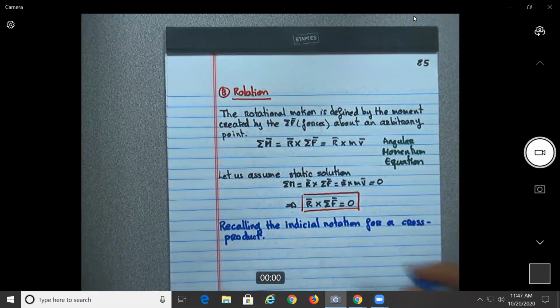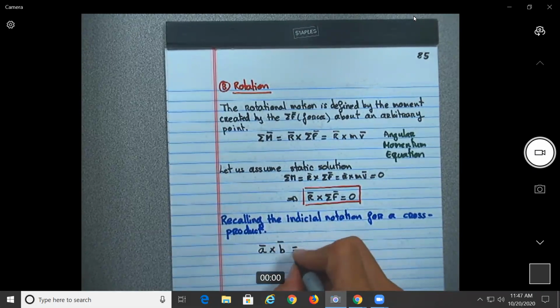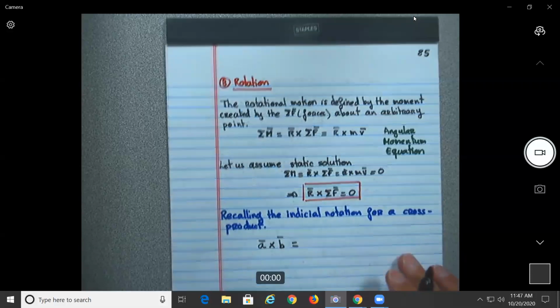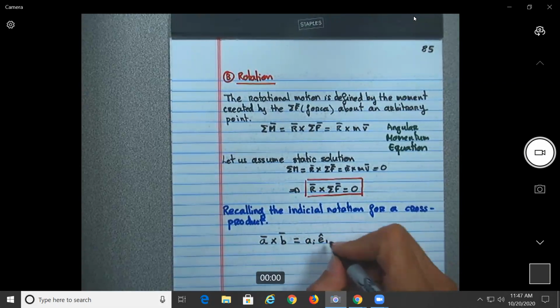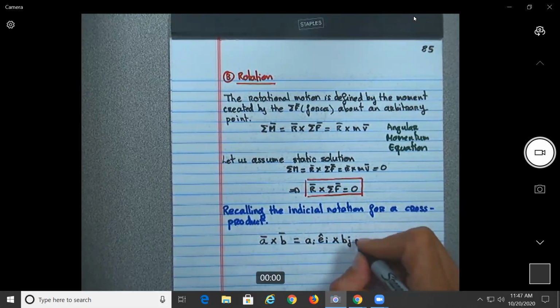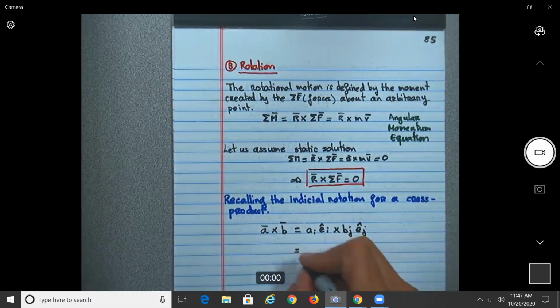So let's see, maybe let me go back to the black and consider this thinner. A cross B is equal to what? It's equal to A sub I, e of I, cross B of J, e of J, correct? So now this is equal to what?